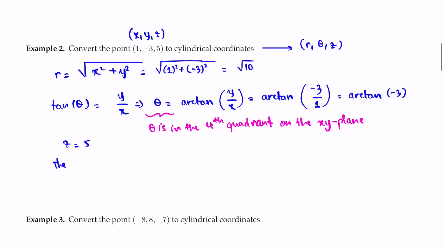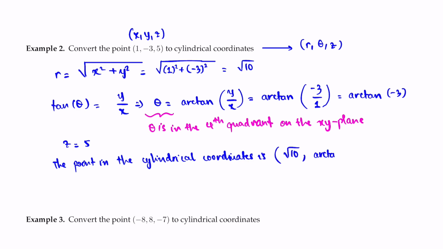So the point in cylindrical coordinates is of the form r equal to square root of 10, theta equal to arctangent of negative 3, and z equal to 5. Again, theta is in the fourth quadrant on the xy plane.